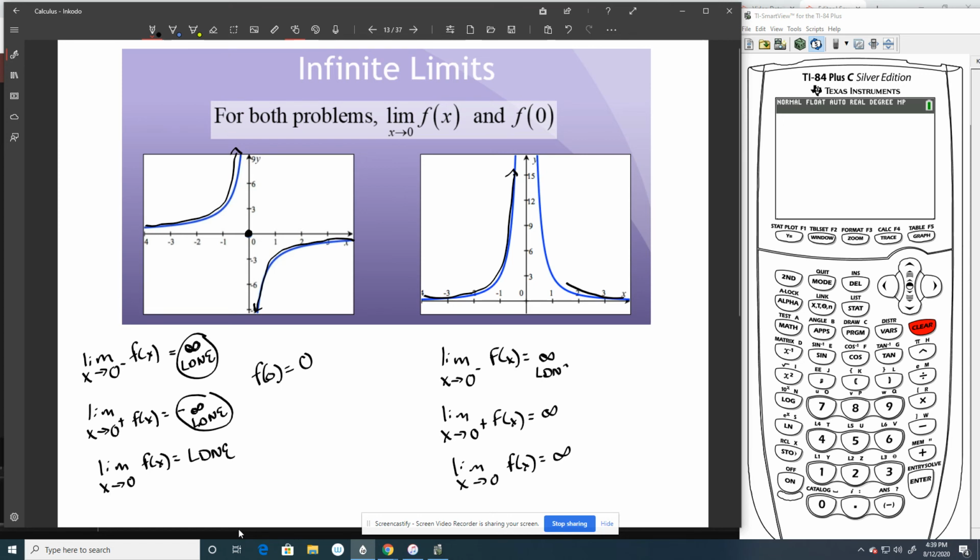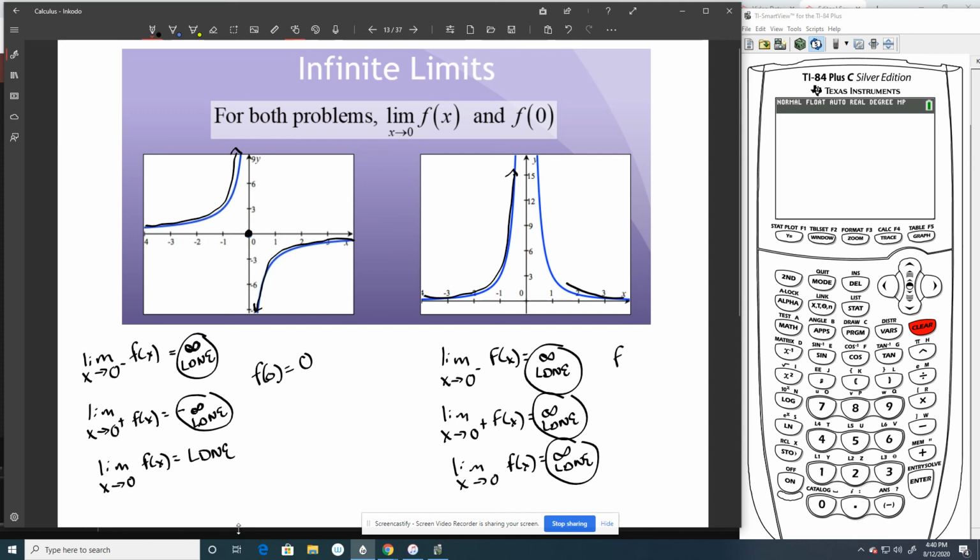But I would say that the limit does not exist. And again, the AP test accepts both of those because some books teach it one way, some books teach it the other. I think it's safer to say that it does not exist, not that it approaches infinity. But I'm going to accept either one of those answers, and so will the AP test.